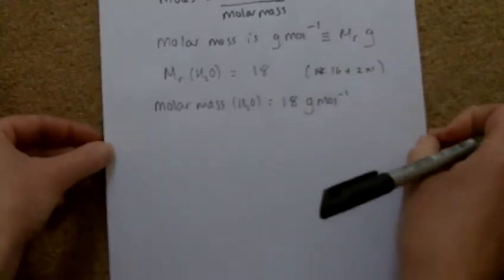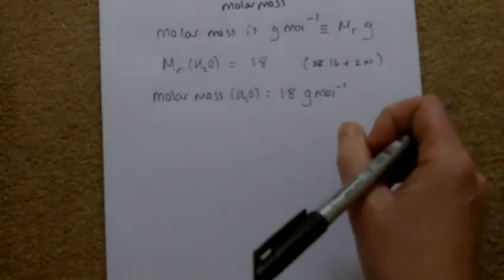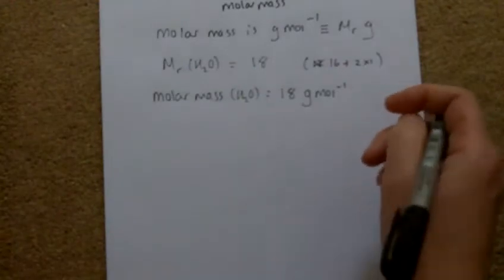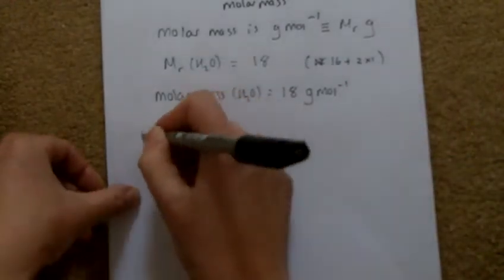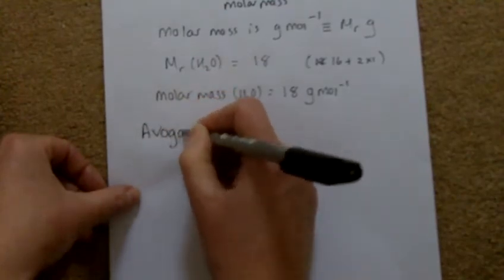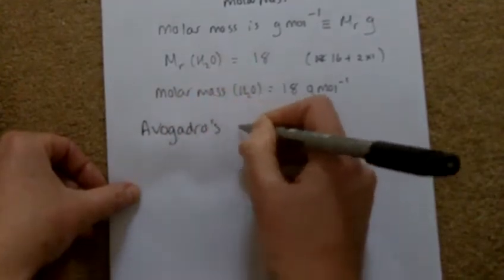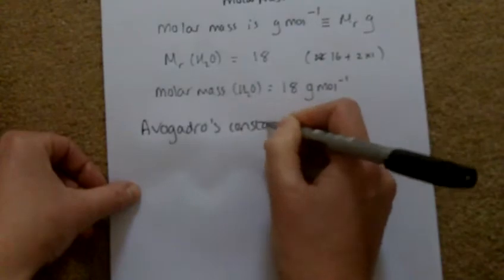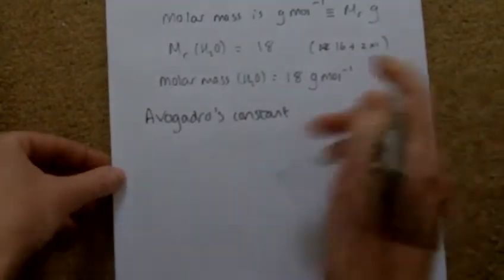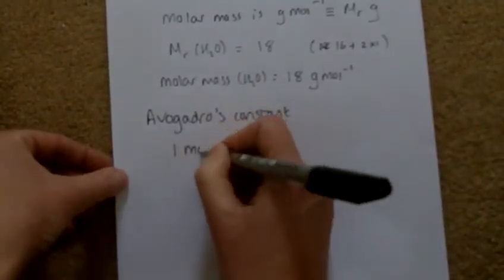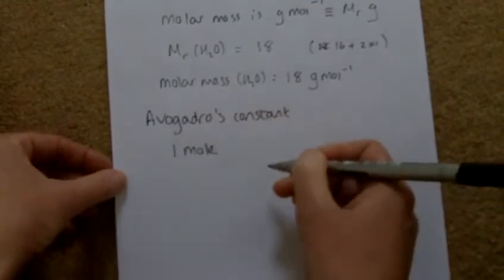Another thing we've done, just to revise before we move on, is Avogadro's constant, which says that 1 mole of anything has the same number of particles.